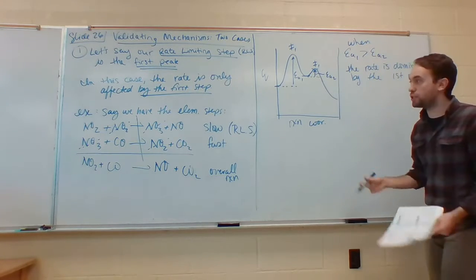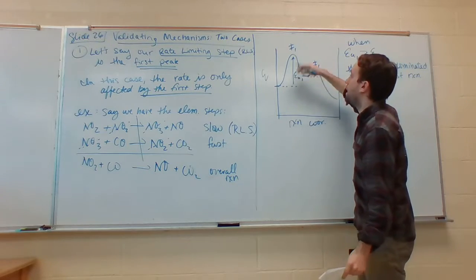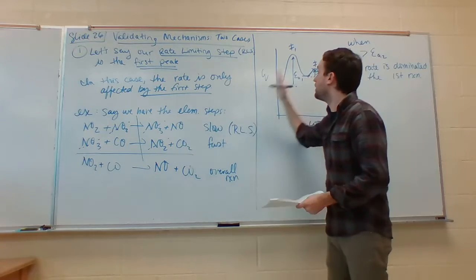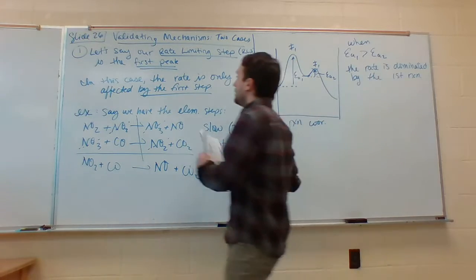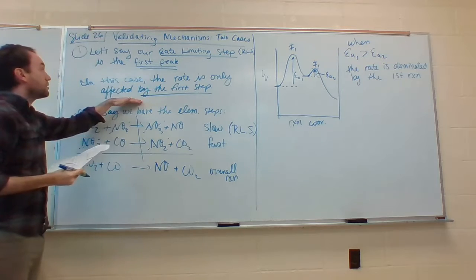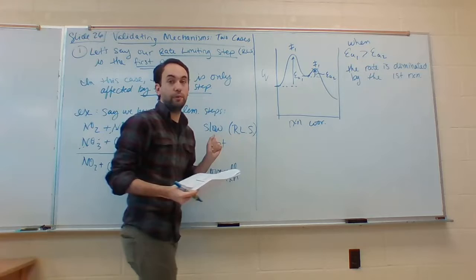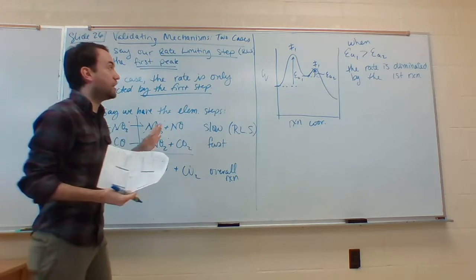We've sort of said that a bunch of different ways. I usually think about it, whatever the biggest peak is, that's my rate limiting step. That's the reaction. If it comes first, then the rate is only affected by that step.